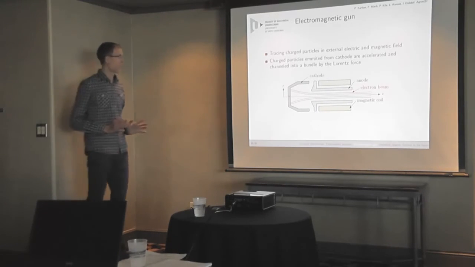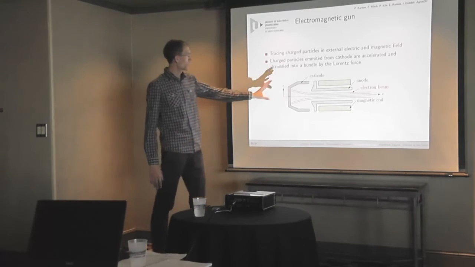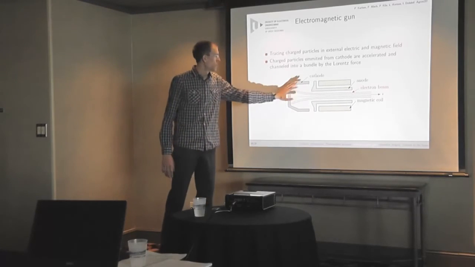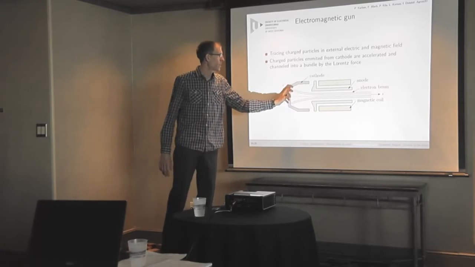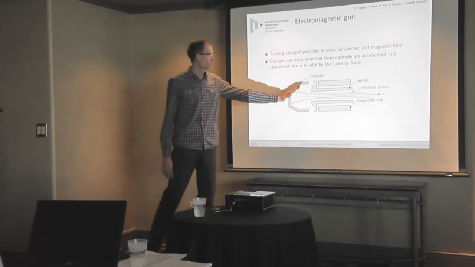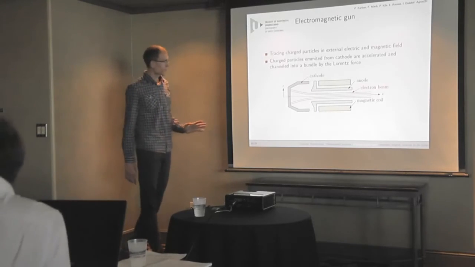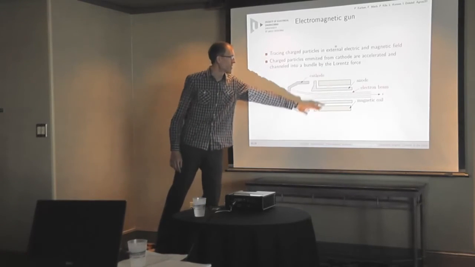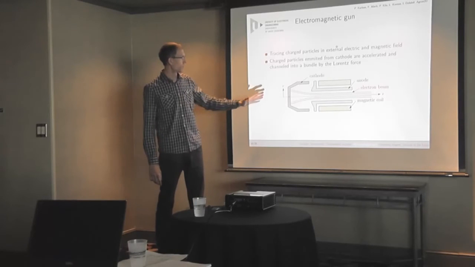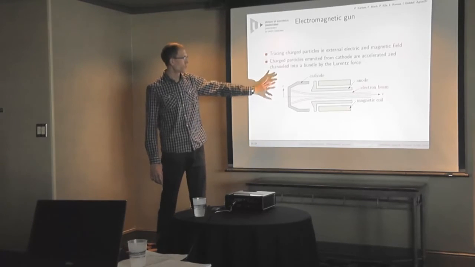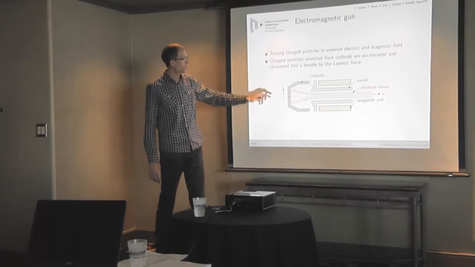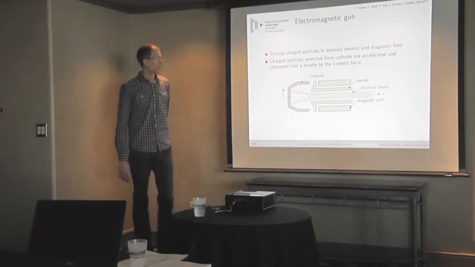It's an electric field, which is generated here by the pair of its cathode and anode, and then there is a magnetic field which is generated by this coil. Again, it's axial symmetry, so the picture should be rotated around this axis.